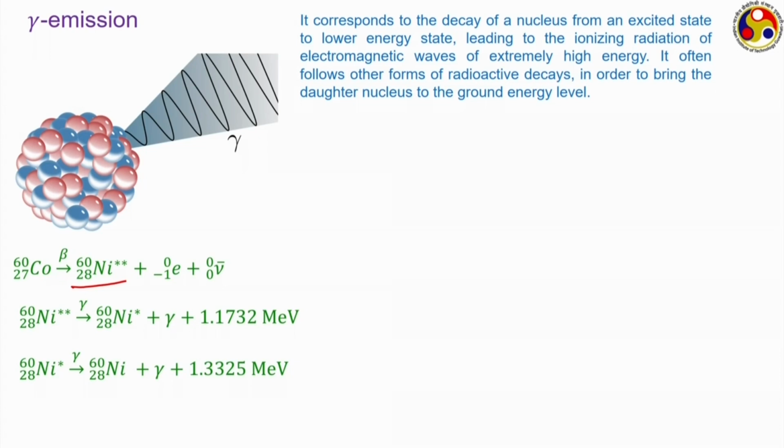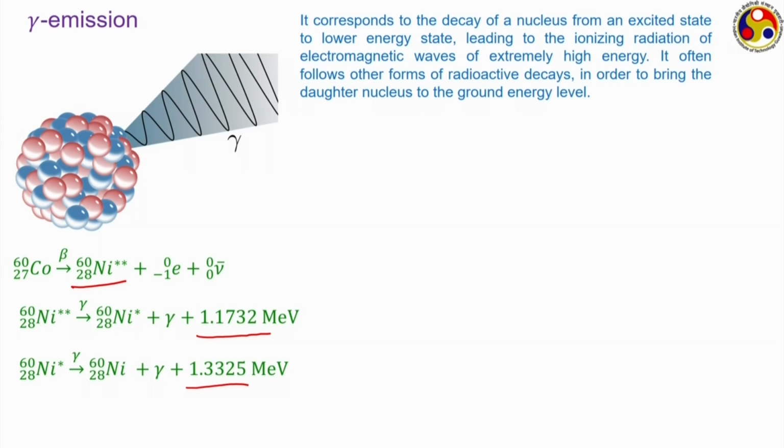So, that goes through two levels of gamma radiation. In the first level, it releases one gamma photon of 1.1732 MeV of energy. In the second step, it releases another gamma photon of 1.3325 MeV of energy, and following these two steps, it is able to come back to the ground state.